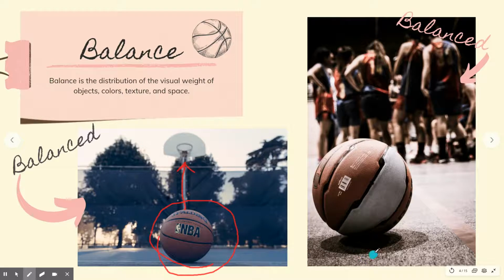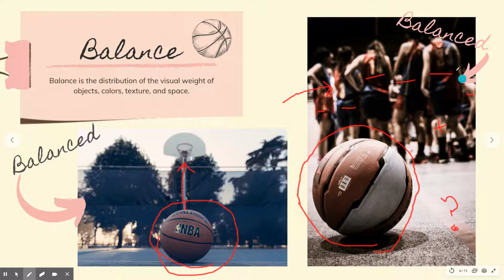Compared to the other photograph, the basketball is now in the corner. It's not nice and centered. There's not something neat and tidy above it. We have this empty space right here. You could argue that maybe this is a little bit unbalanced, except we have so much going on here with 1, 2, 3, 4, 5, 6 plus people.